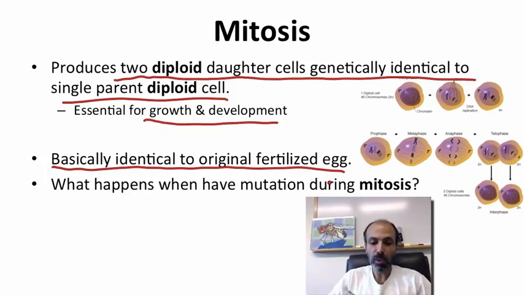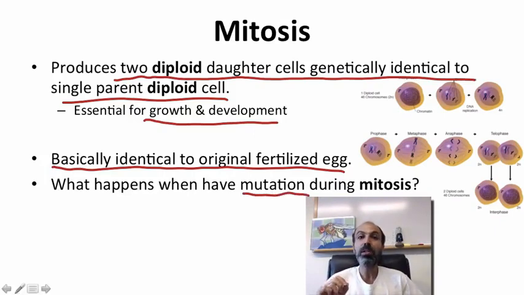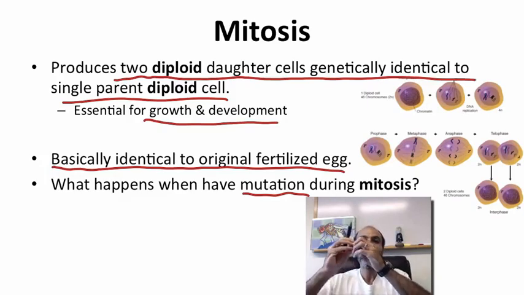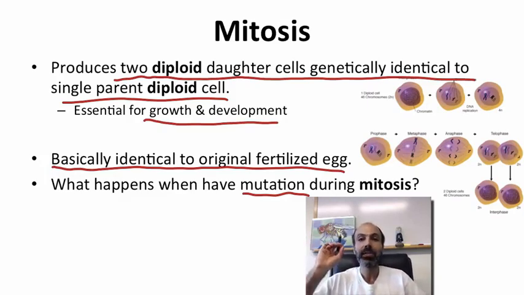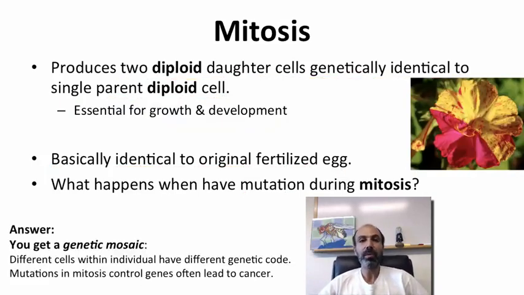So let me ask the question, what would happen if we did have a mutation during mitosis? A mutation is a change in the genetic code. What would happen if that happened sometime during mitosis? Let's say when you were at the 16 cell stage, if one of the cells suddenly had some error in the genetic code where something changed. What would happen is you'd produce what's referred to as a genetic mosaic.